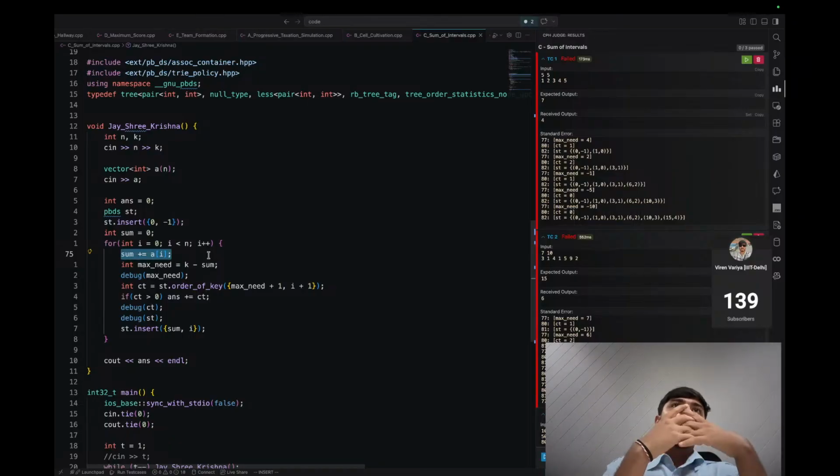I want this x to shrink to the range 0 to k.